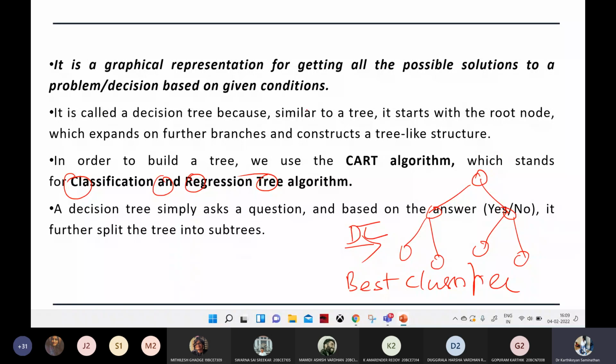If you say yes, it will go to the left side. If you say no, it will go to the right side. When we fetch the node, we compare it with the decision node, then we fetch the results. So the decision tree works on a yes or no, Boolean pattern, right? That is what this decision tree is all about.